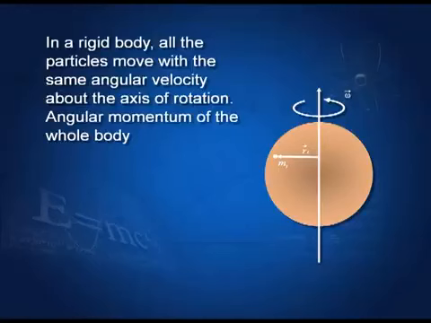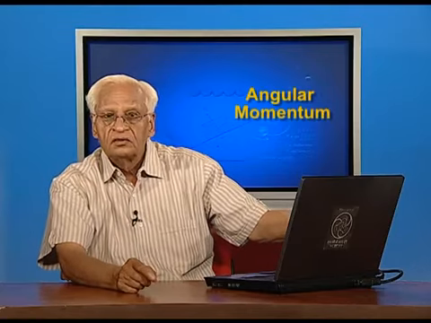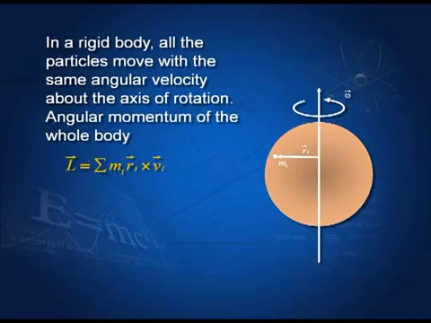In a rigid body, it is very simple. You have a particle i here, and r i is its distance from the axis of rotation, and therefore, we can write the angular momentum as m i r i crossed v i.